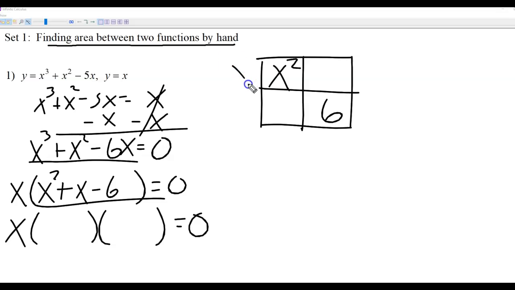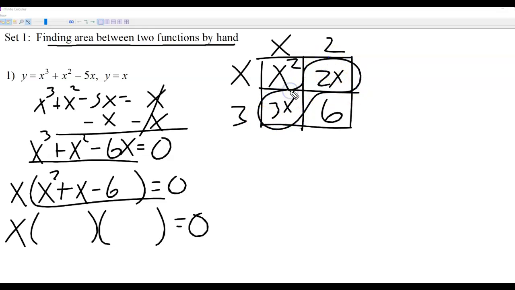and then you go ahead and find two things that make x squared, find two things that make 6, and you want to make sure that when you're all done filling in your box here, these two numbers add up to make the middle number, which is 1x. They will if I make this 2 a negative, which is what we wanted anyway.